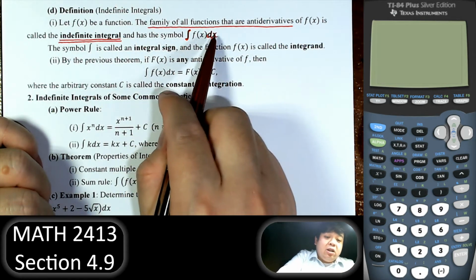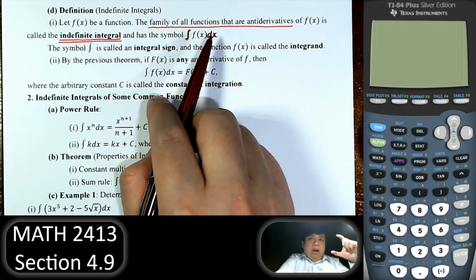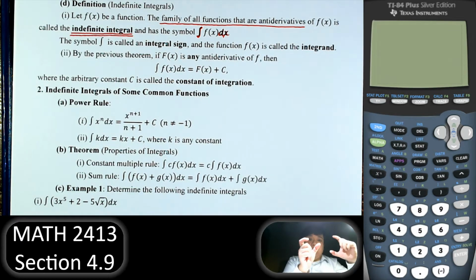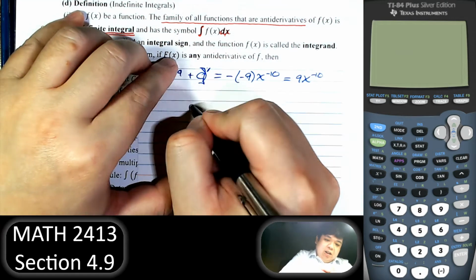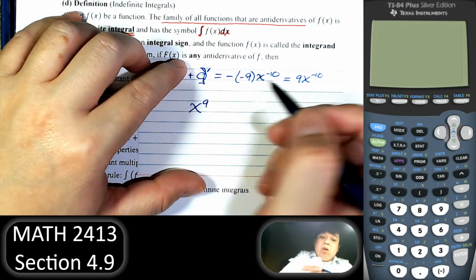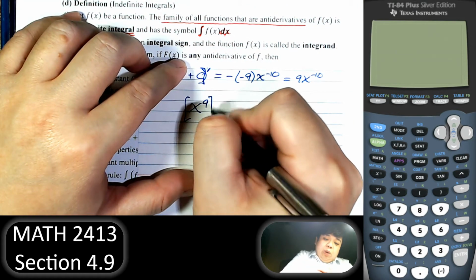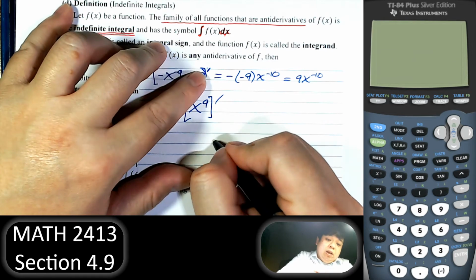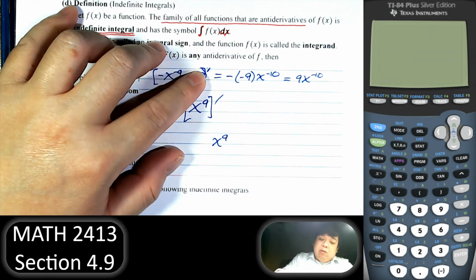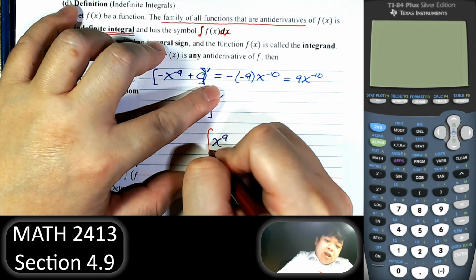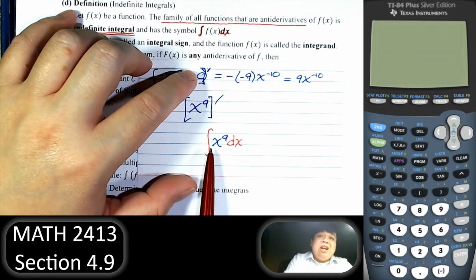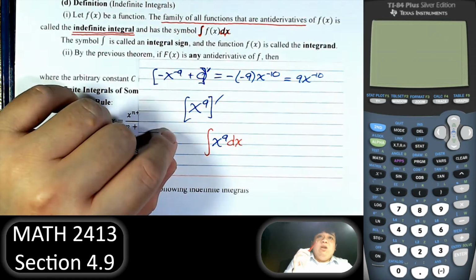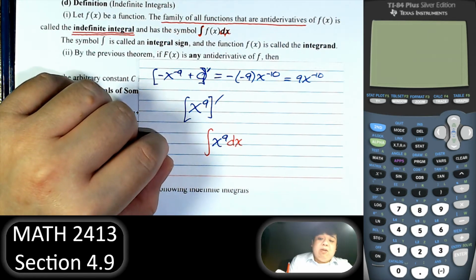Those together are the notation, the elongated s and the dx. Just like when we write the derivative of x to the 9, we do that for the derivative. But if we want to write the antiderivative of it, then we have to have both the integral and dx. That is the indefinite integral, which is the family of all the antiderivatives of it.